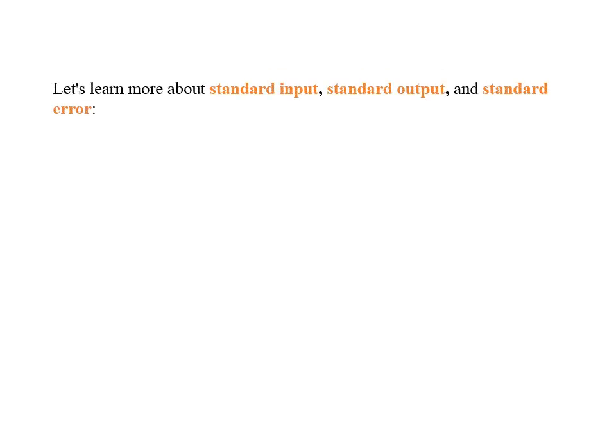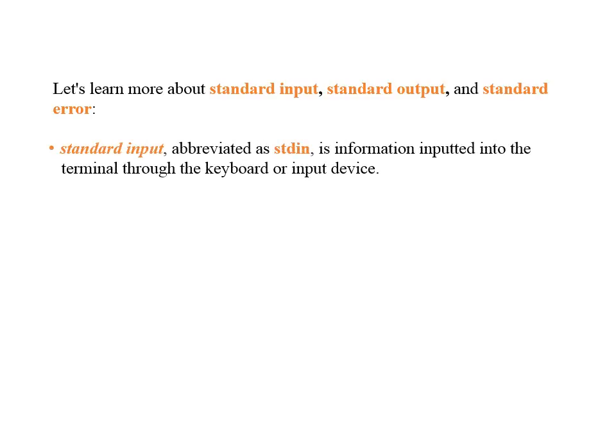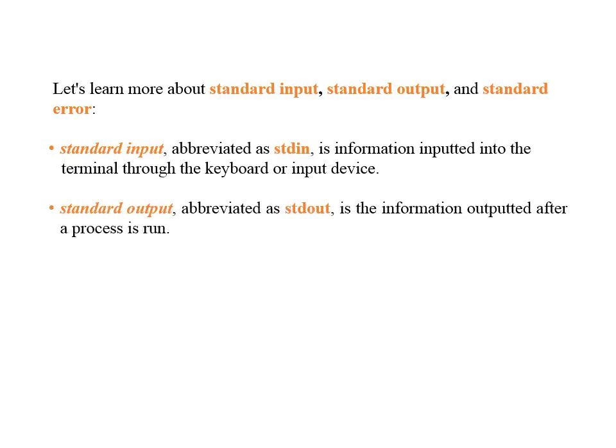Let's learn more about standard input, standard output, and standard error. Standard input, abbreviated as STDIN, is information inputted into the terminal through the keyboard or input device. Standard output, abbreviated as STDOUT, is the information outputted after a process is run.